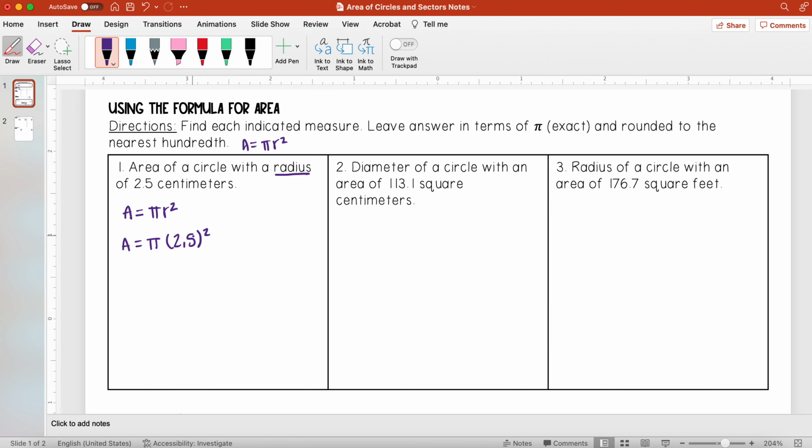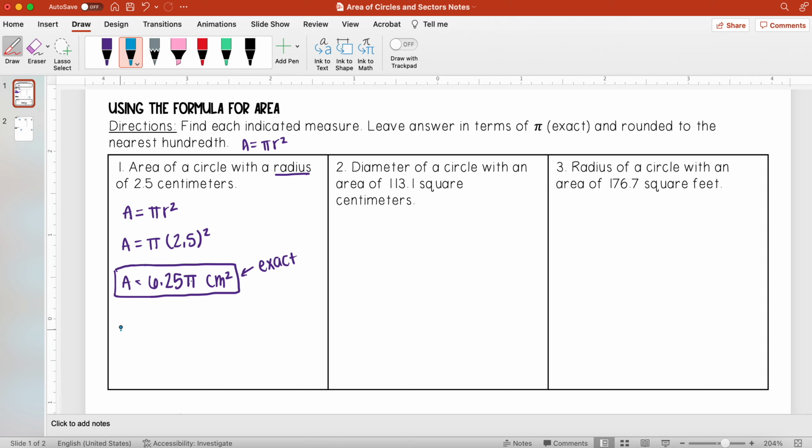And then when I do 2.5 squared, that's really the same thing as 2.5 times 2.5, and I get 6.25. So my first answer is going to be that area is equal to 6.25 pi centimeters squared. And remember, that is called my exact answer when I leave it in terms of pi.